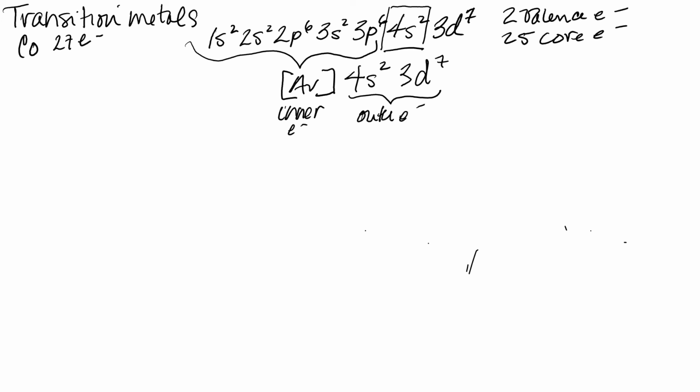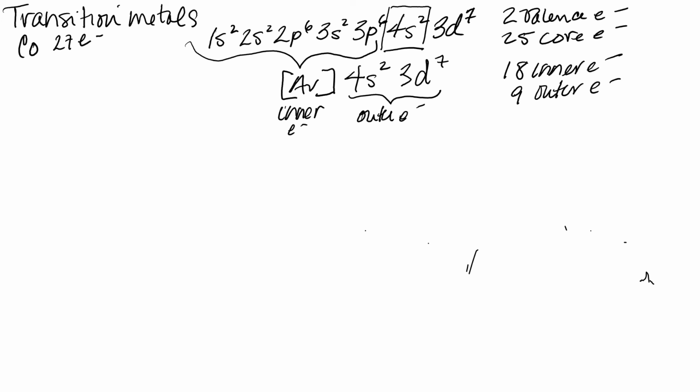So we have 18 inner electrons and 9 outer electrons. So inner and outer mean different things when we're talking about an abbreviated electron configuration versus valence and core electrons.